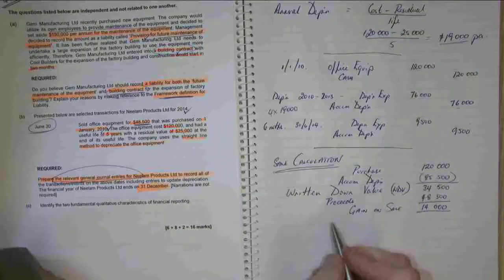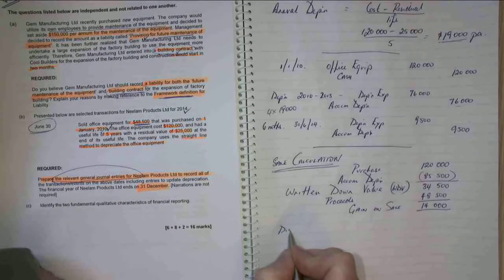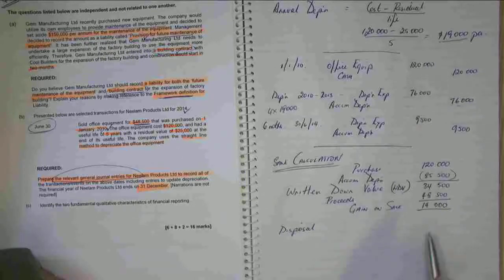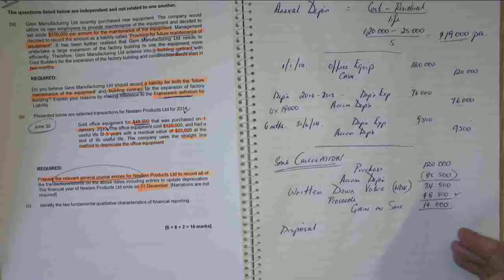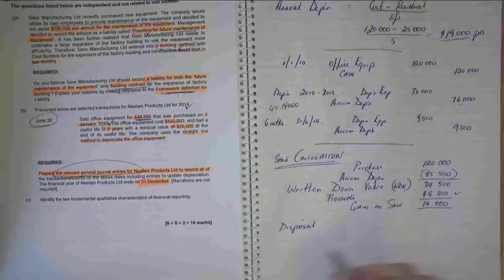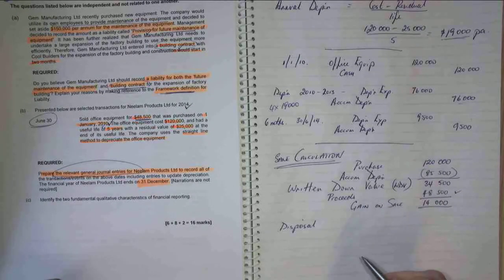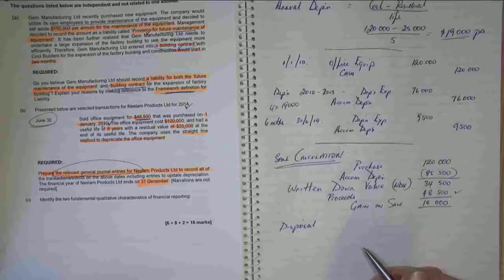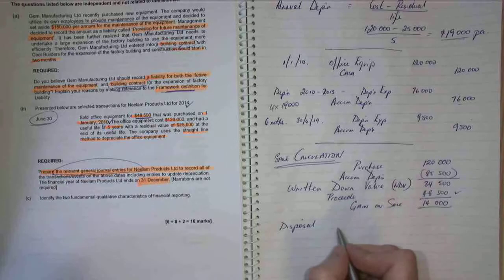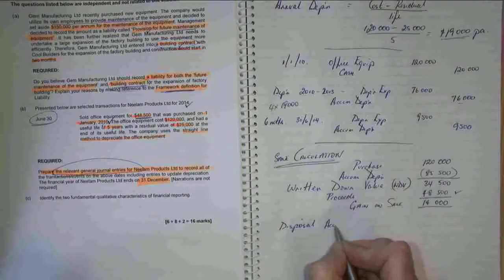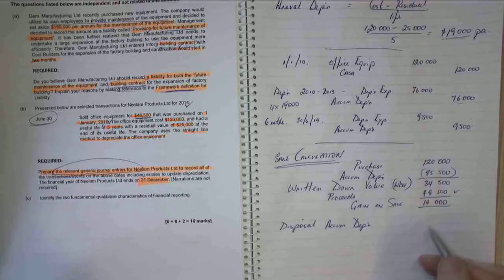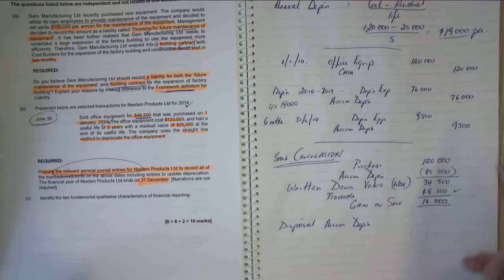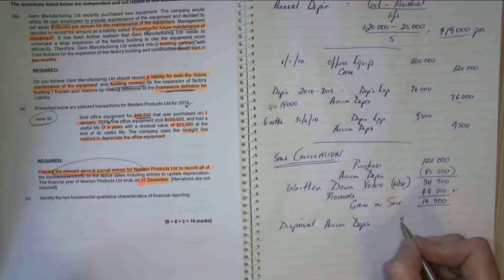So the journal entry for disposal. Now that's a cash figure, so let's put my cash figure in first. Actually no, I'll get rid of my depreciation first. My accumulated depreciation is 85,500, so I'm going to debit that.